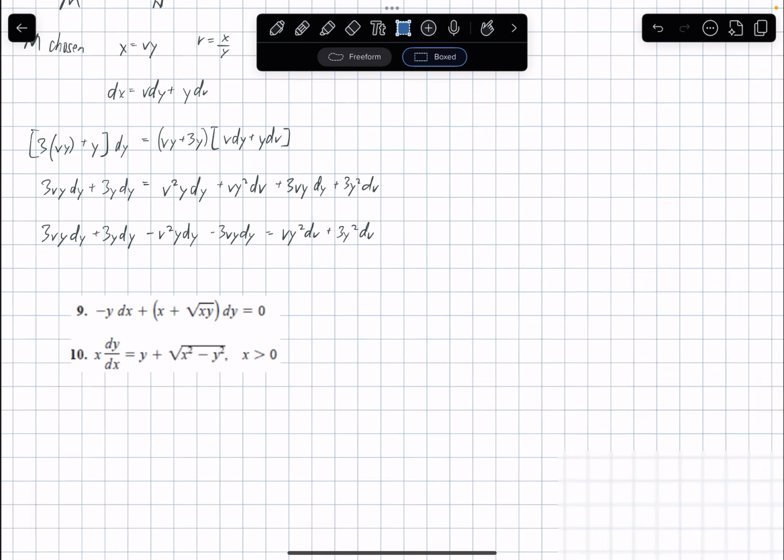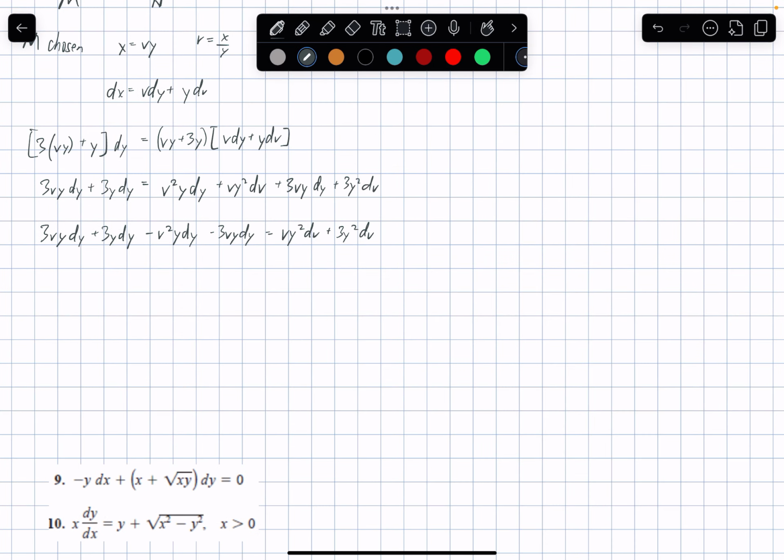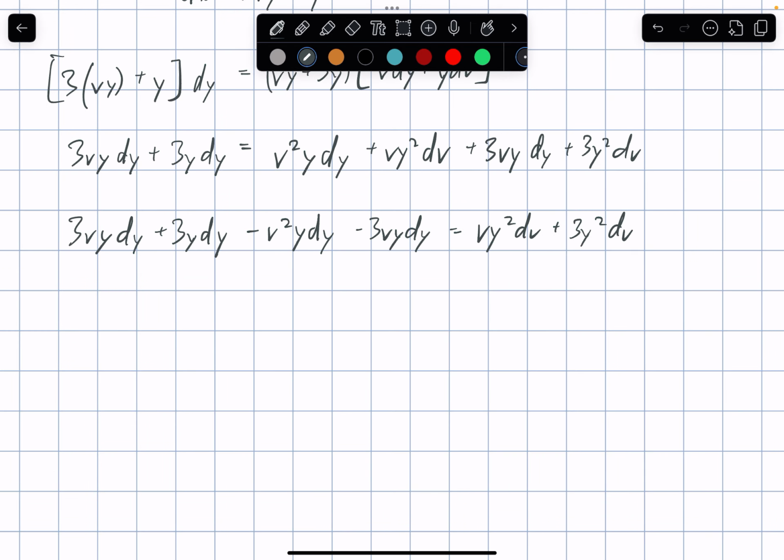Okay. What now? 3. No. Not everyone has 3. Does everyone have y? Certainly. Okay. Let's just factor out y. 3v plus 3 minus v squared minus 3v.